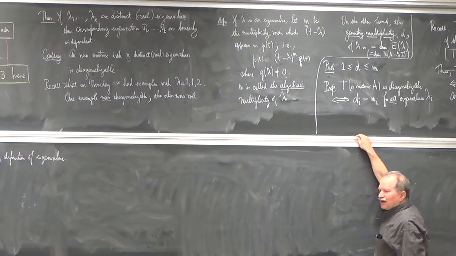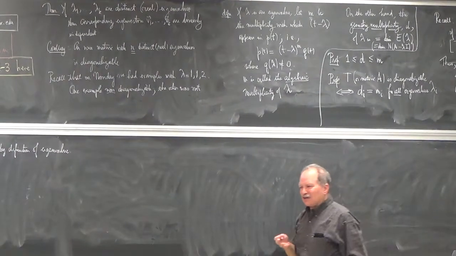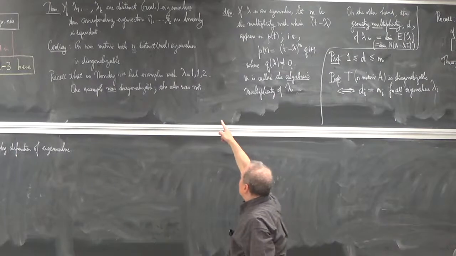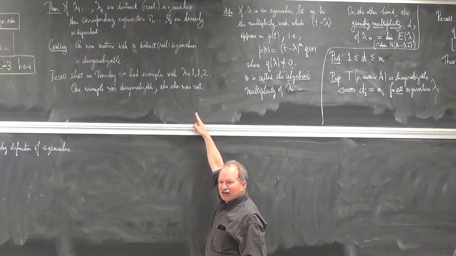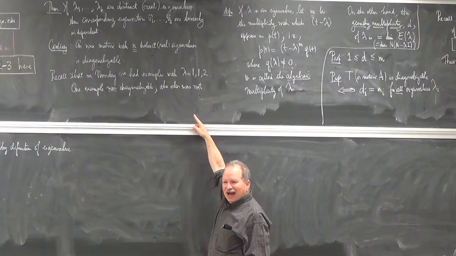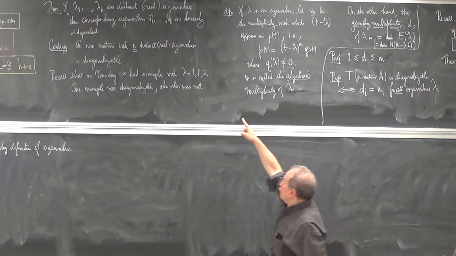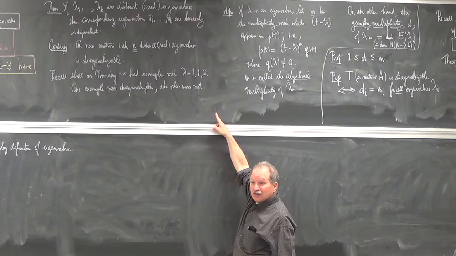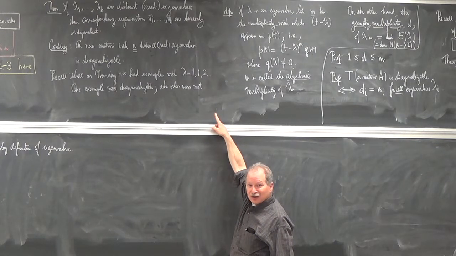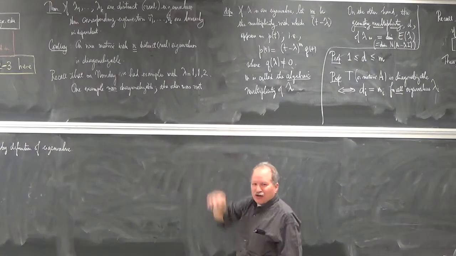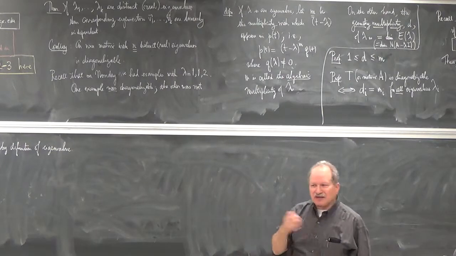I actually sort of said this the other day, when we had 1, 1, and 2, and we only had one linearly independent eigenvector for eigenvalue 1. Even though the algebraic multiplicity for 2 was just 1, it only appeared once on our list, why couldn't there perhaps be a plane's worth of eigenvectors?